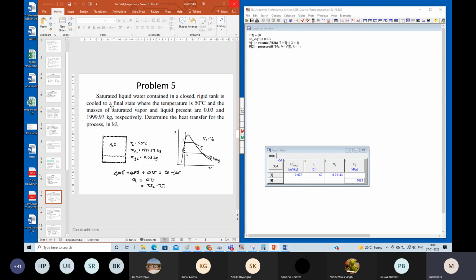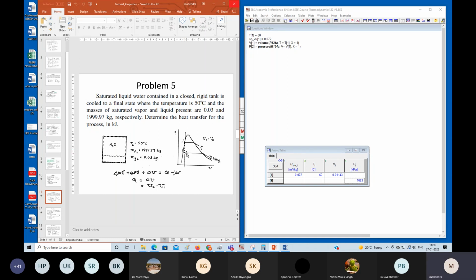Problem number 5. What is problem number 5 saying? Yeah, so it was over here. This is saturated water. This saturated water is cooled down, or otherwise the pressure is reduced to a certain lower pressure. Since the pressure is reduced, a certain mass fraction is evaporating, so we have to calculate a certain dryness fraction over here.